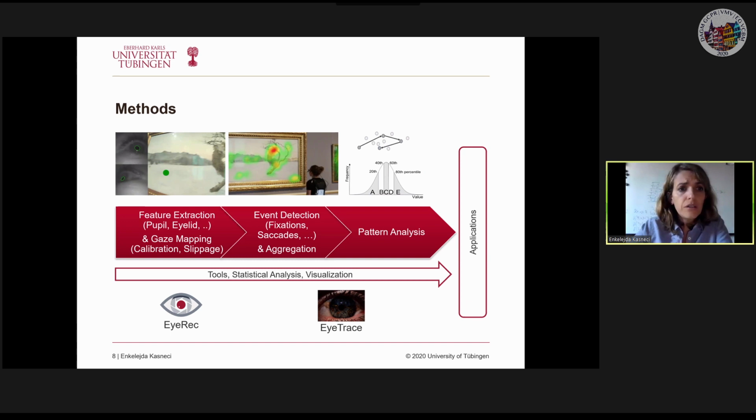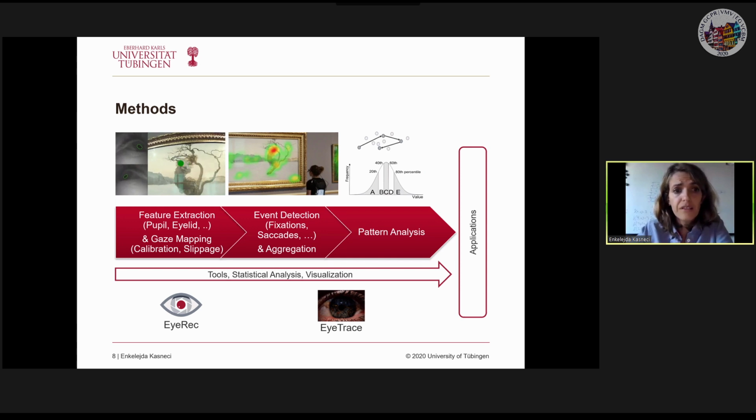At the low level, like in the case of head-worn eye trackers, for example, or eye tracking devices that are integrated in virtual or augmented reality, we have cameras that observe the eye, so we can extract the eye-related features, like the pupil, for example, from the images, and we have the scene information coming from the scene camera, and ideally we have a very good mapping of the eye features to the scene, so we have gaze information.